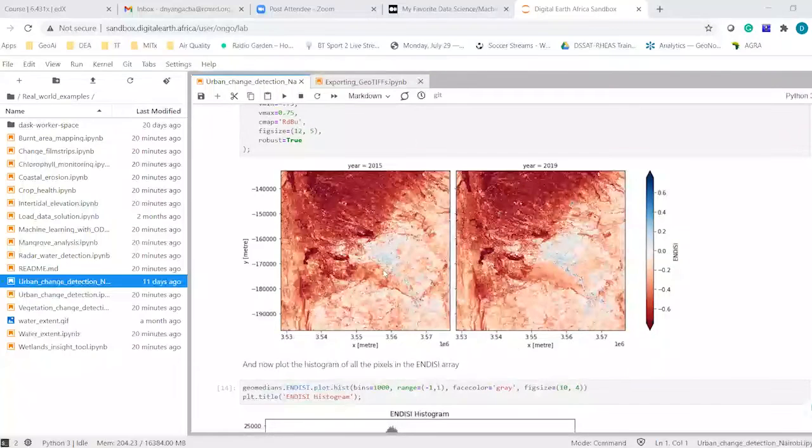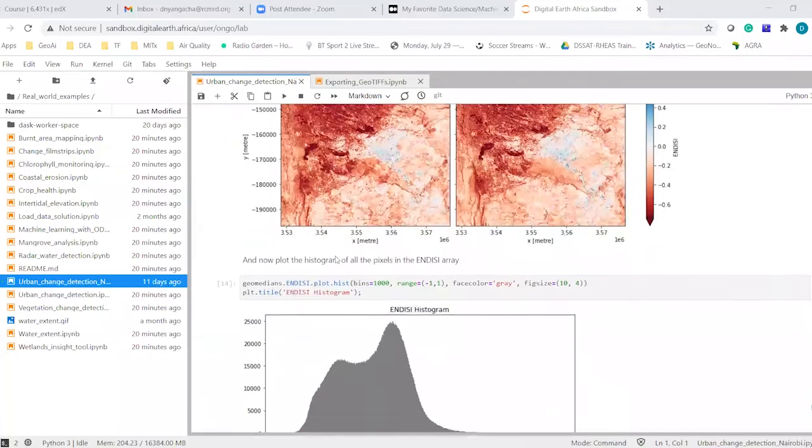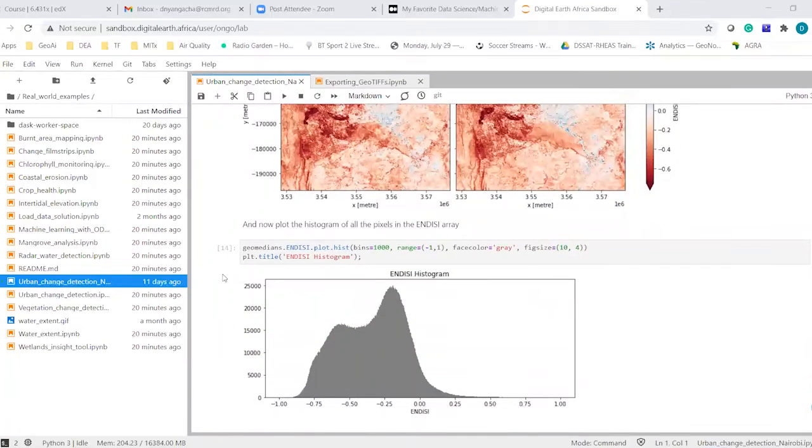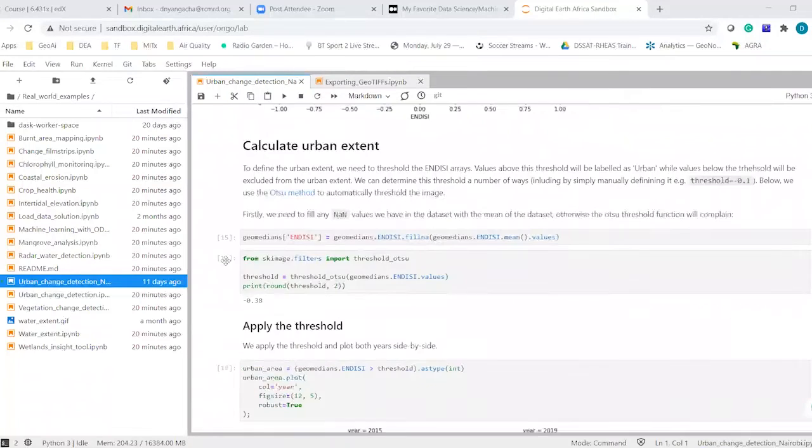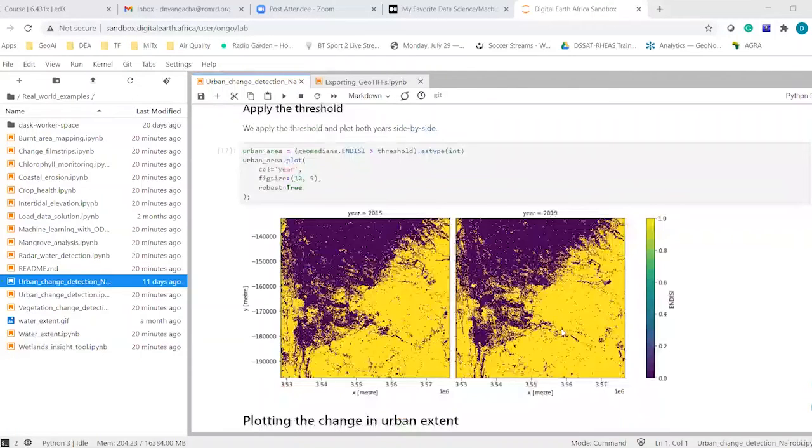The indicator is very close maybe to NDVI, with high built-up area towards lowest built-up area, of course negative and positive, with the histogram of the index. Then for the urban extent, we have to apply a certain threshold that we want. These are the results that I was getting, and it was quite nice.